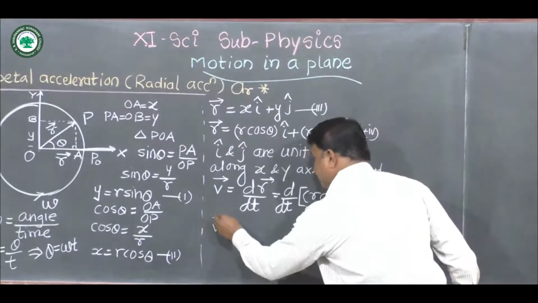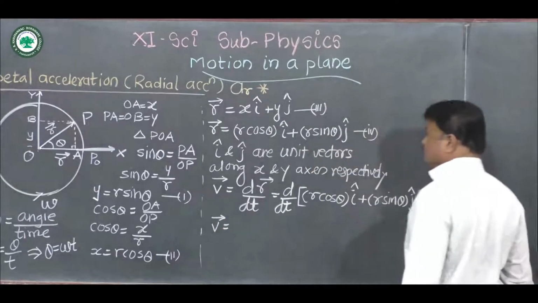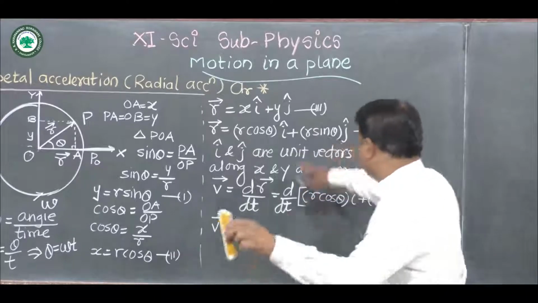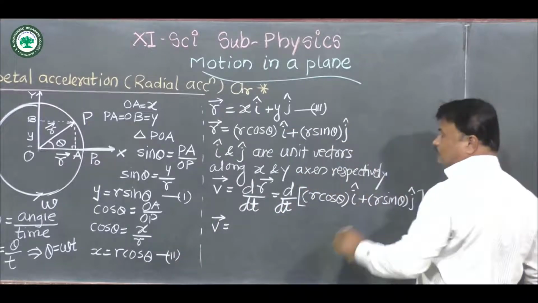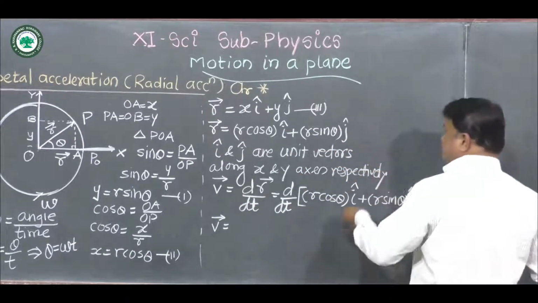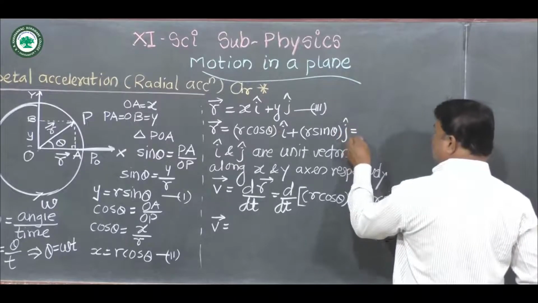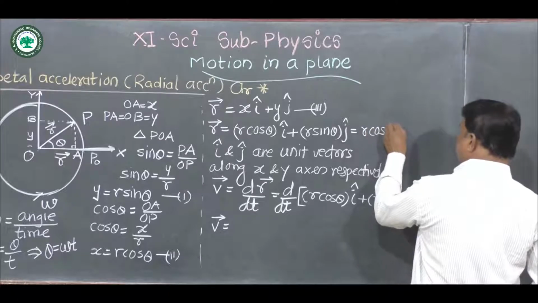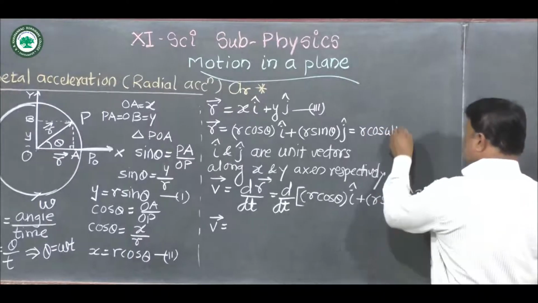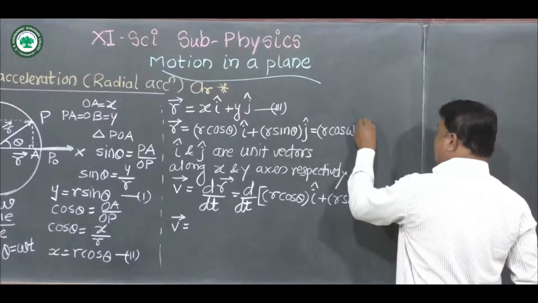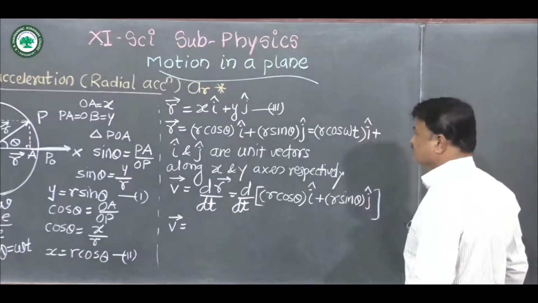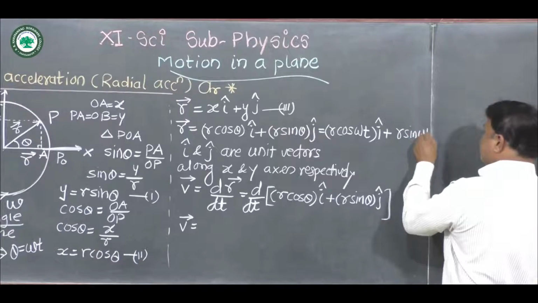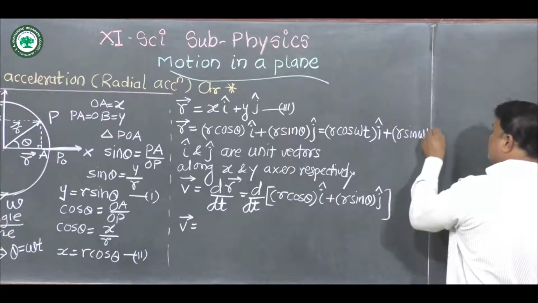We substitute this value of theta in this equation also. So we write vector r is equal to r cos omega t into i cap plus r sin omega t into j cap.